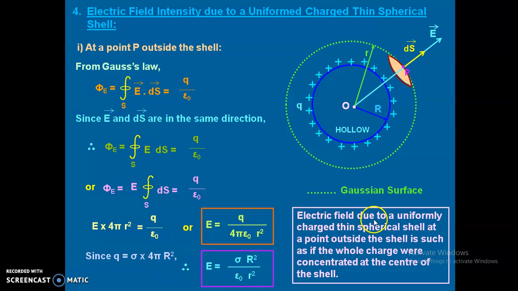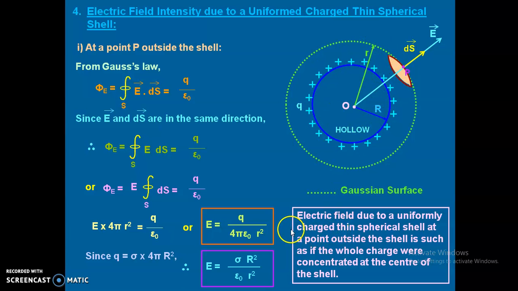So electric field due to a uniformly charged thin spherical shell at a point outside the shell is such as if the whole charge were concentrated at the center of the shell. Just now I told that this formula is for electric field intensity due to a point charge, and we are getting again the same formula for this spherical shell.